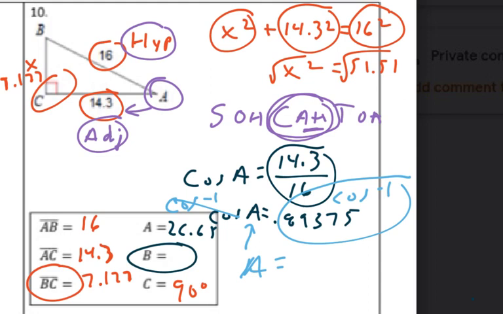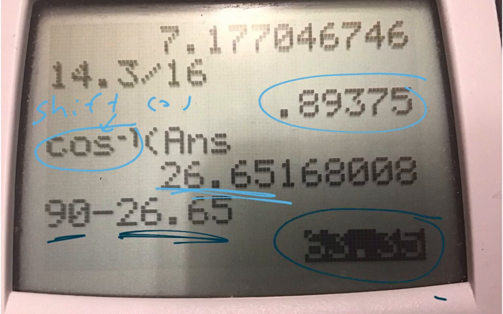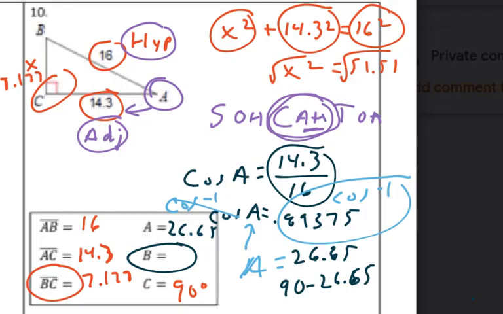I know if I do 90 minus angle A, I should get the missing angle B. So I'm going to take my calculator and go 90 minus 26.65, and there's my missing angle, 63.35 degrees.